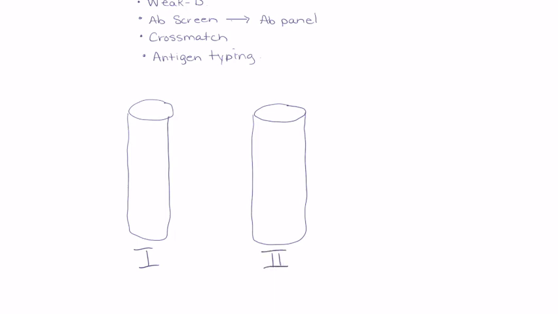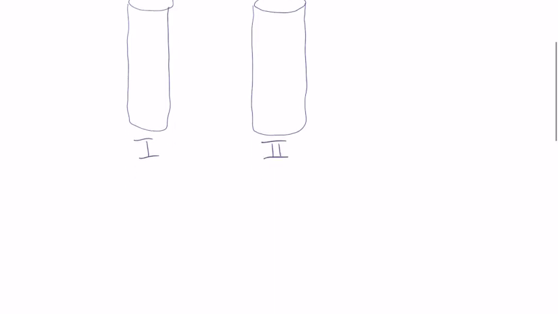Okay. We're going to have different phases of this test occurring, and we'll record our results down here. So for cell 1 and 2, we're going to have immediate spin phase. We'll have a 37-degree phase, and we'll have our AHG, which is anti-human globulin phase.